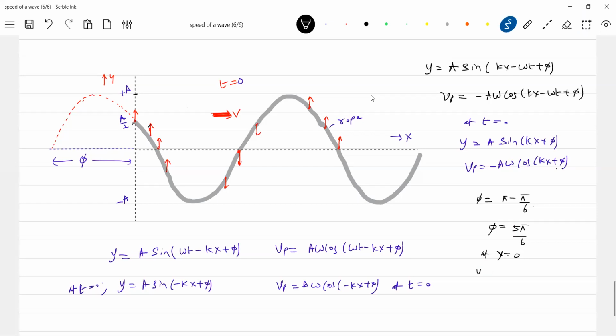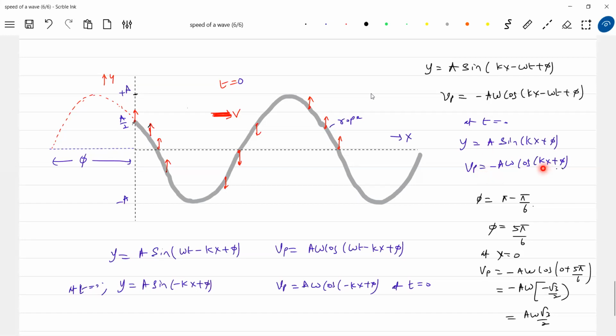Okay, Vp equal to minus A omega cos. Anybody? Cos 5 pi by 6 is minus root 3 by 2. Okay, justified. So always that velocity equation will help us whether we are right or wrong.